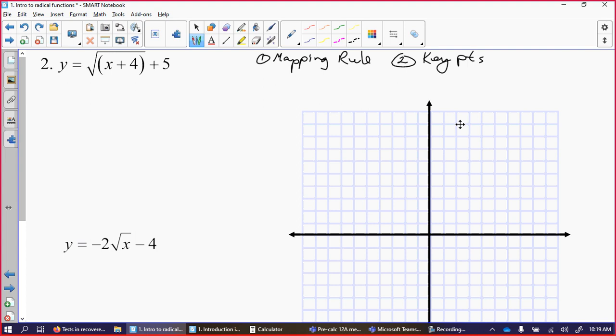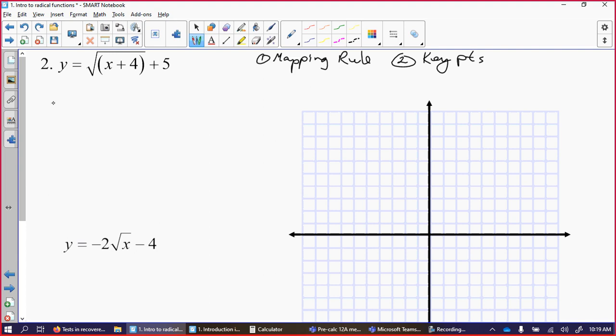Eventually, if you had time to practice all sorts of stuff, you'd be able to look at that graph and say, okay, it's not technically a vertex, but I know where the initial point is for this one. It's not stretched. I can do everything. I know where all of the different things are.